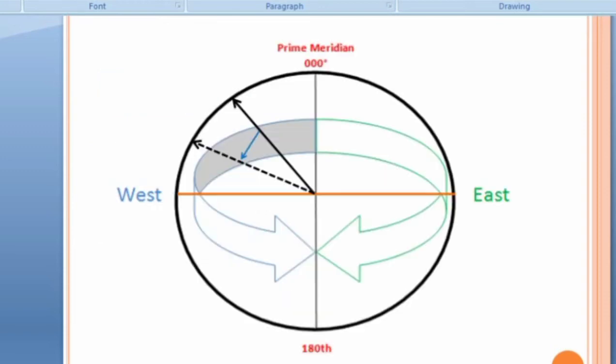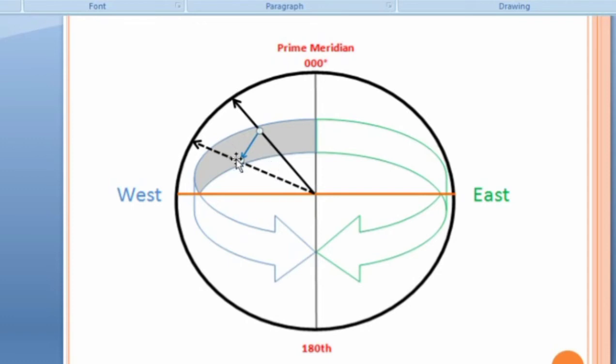So if this is the longitude which we came from, and then this is the difference of longitude, which is westerly, of course, meaning counterclockwise direction. That's why we have the blue arrow to represent the westerly direction.